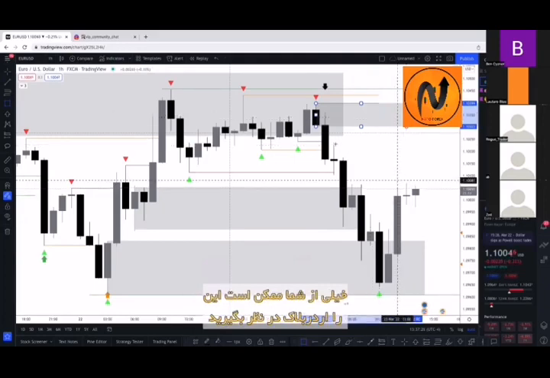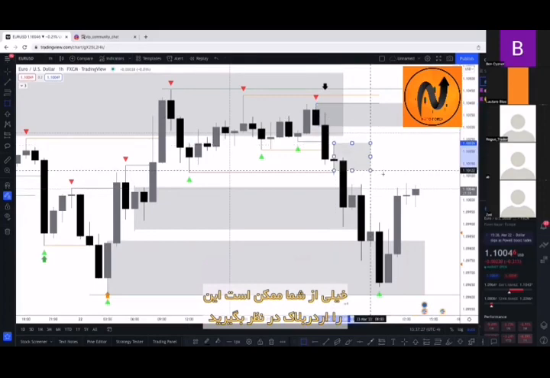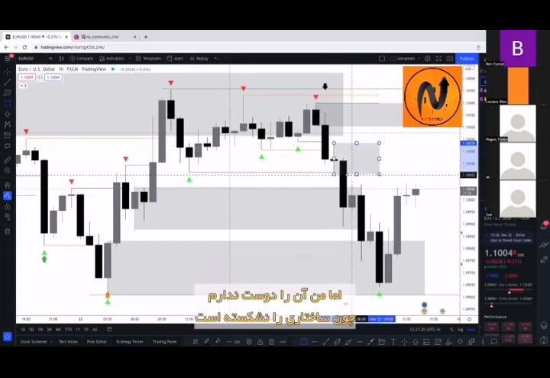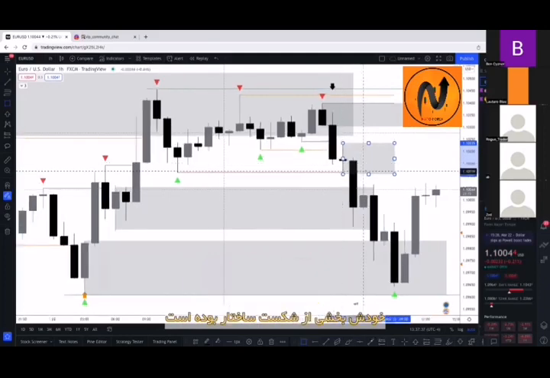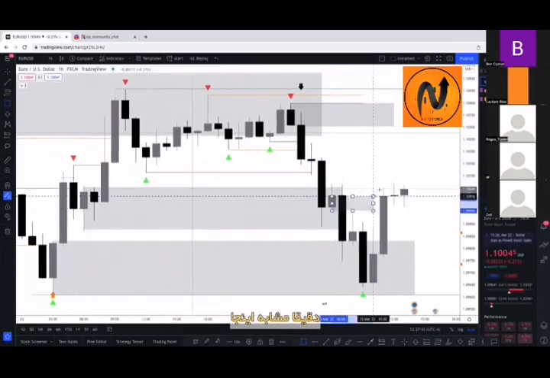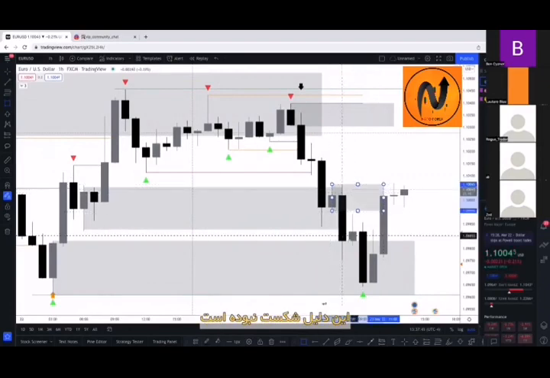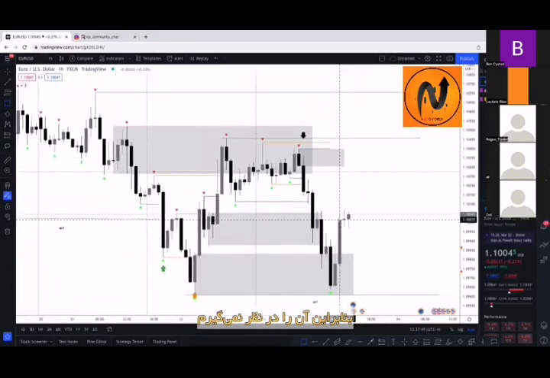Now, a lot of you are probably looking here and seeing this OB. I don't like it. It didn't cause any break of structure. It was part of the break of structure. It didn't cause it. So I'm not even going to consider it. Same with this one. It didn't cause any break of structure. So I'm not even going to consider it, right?